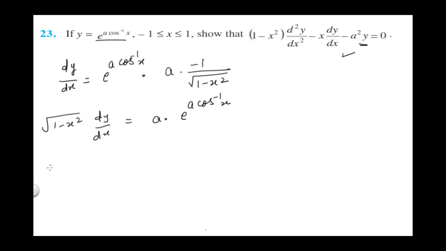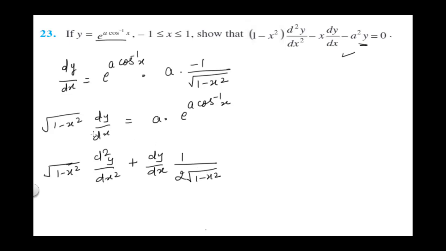Differentiating it again, we get under root 1 minus x square as it is, right? Differentiating it, we will get d square y by dx square, plus then dy by dx as it is, and differentiation of under root 1 minus x square will be 1 divided by 2 under root of 1 minus x square, and of 1 minus x square it will be minus of 2x. So you see 2 and 2 getting cancelled.